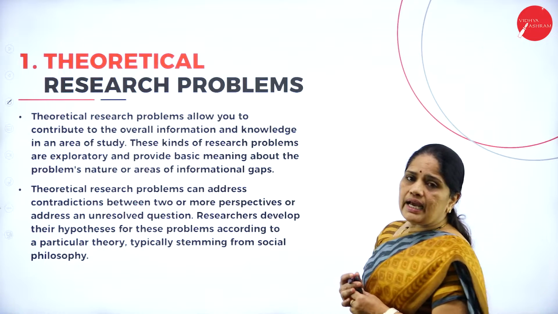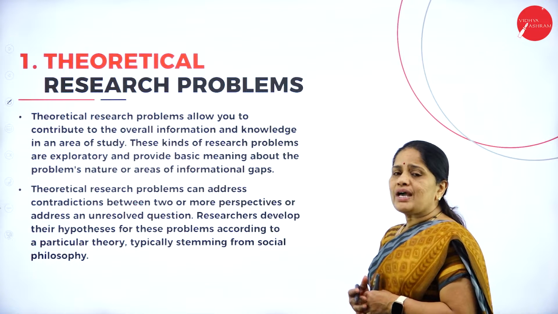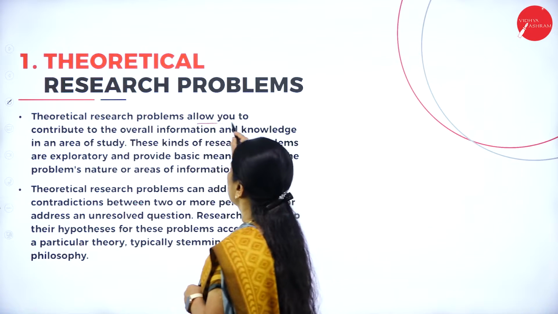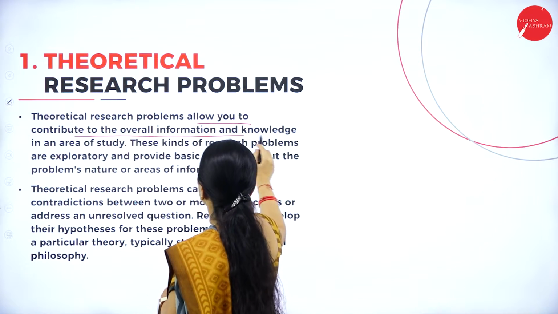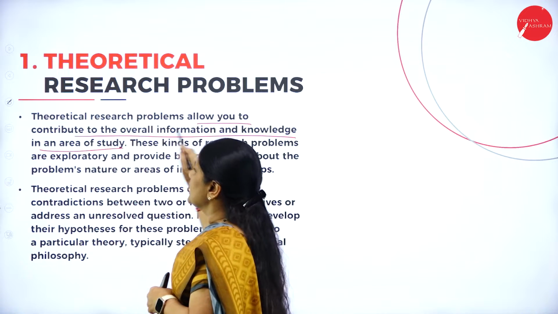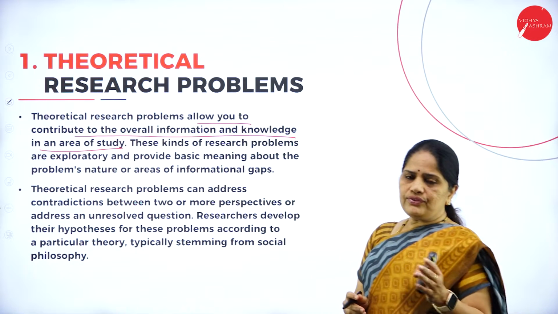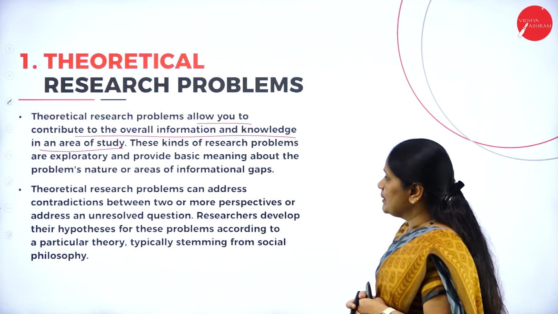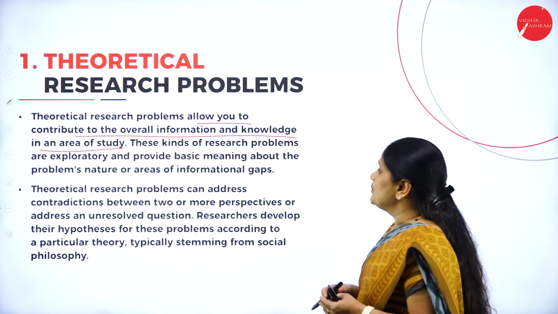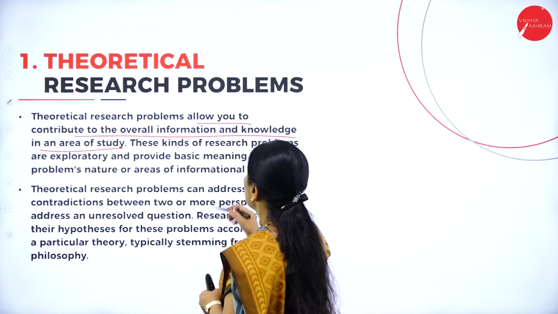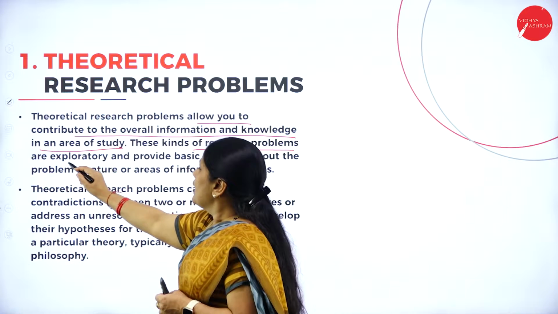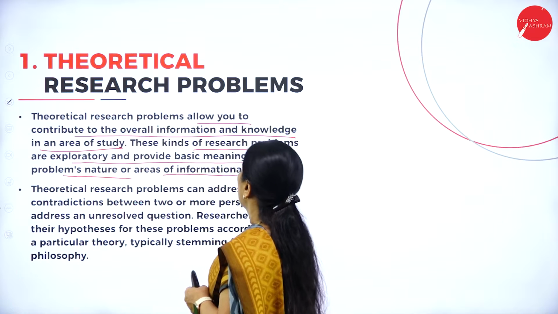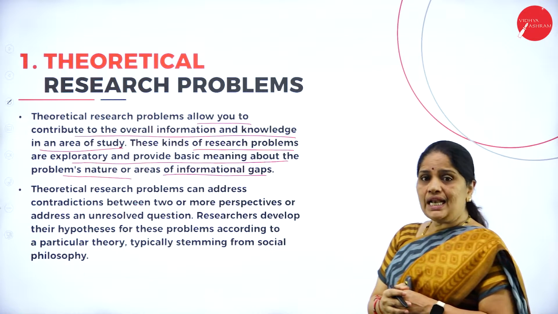In this, the first one is the theoretical research problem. A theoretical research problem will allow you to contribute to overall information and knowledge in your area of study. If your area of study is based on theory, then it becomes a theoretical problem. These kinds of research problems are exploratory and provide basic meaning about the problem's nature or areas of informational gaps.